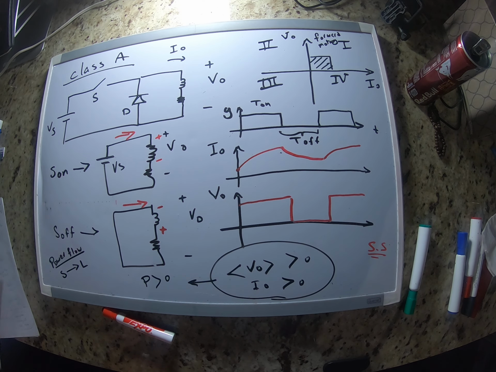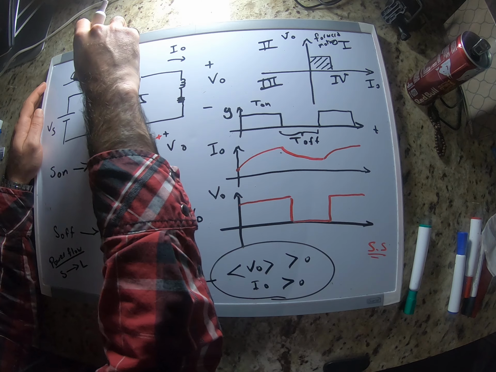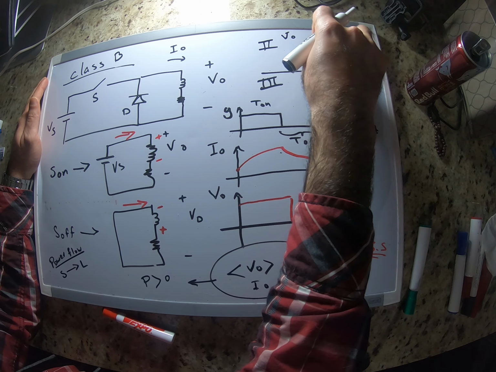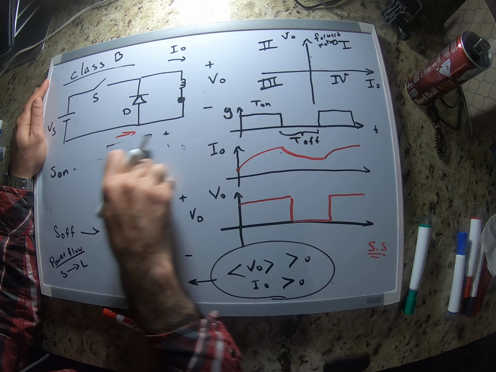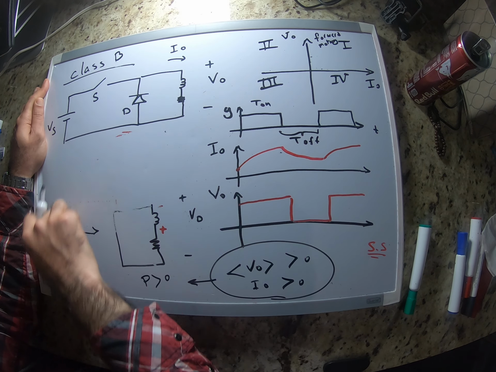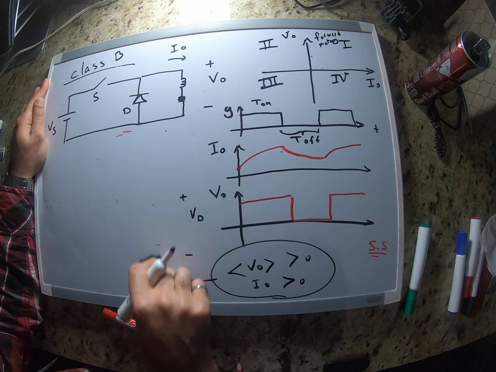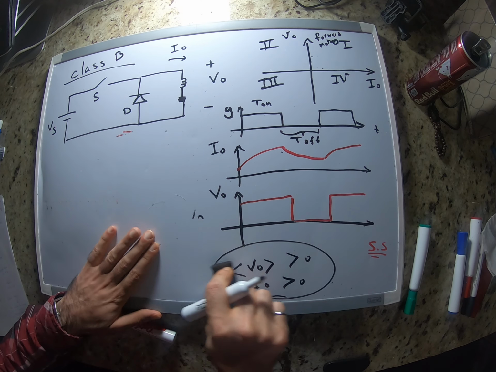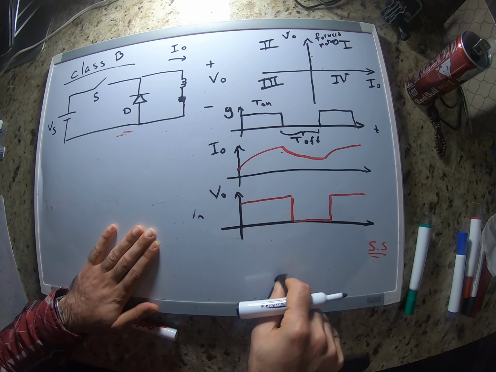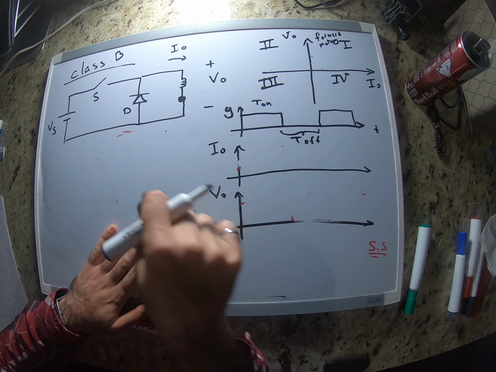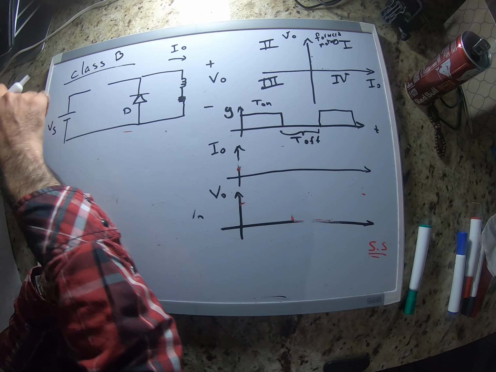Okay, so the second class I want to discuss is class B chopper. So let me remove this one. For the class B chopper, this is what we have.